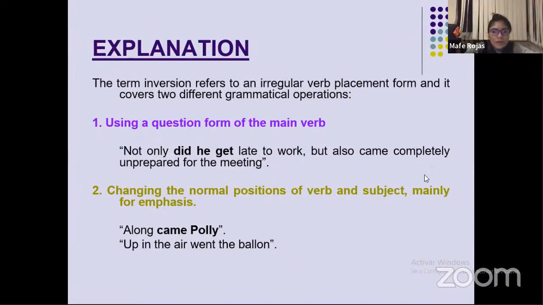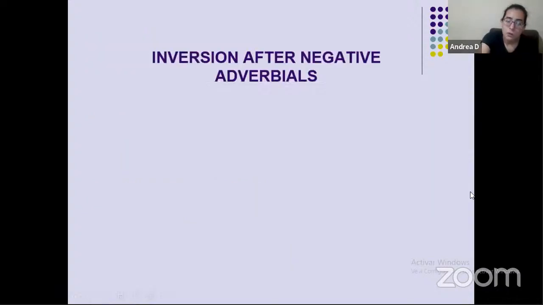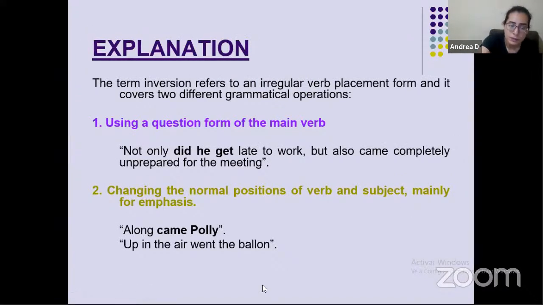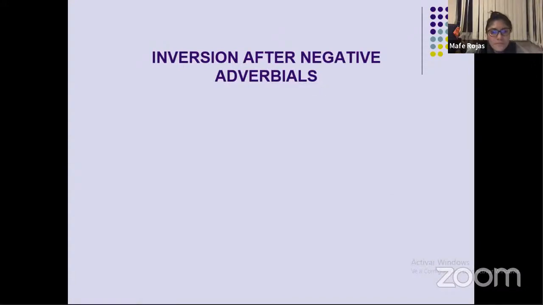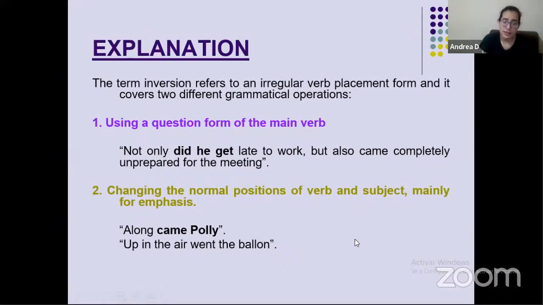And this is changing the position, right? So when can we do this? Starting with the first one, using a question form. We normally do it when we have any form of negative sentences. For example, this one here, "not only" is a negative, right? It has the word not.